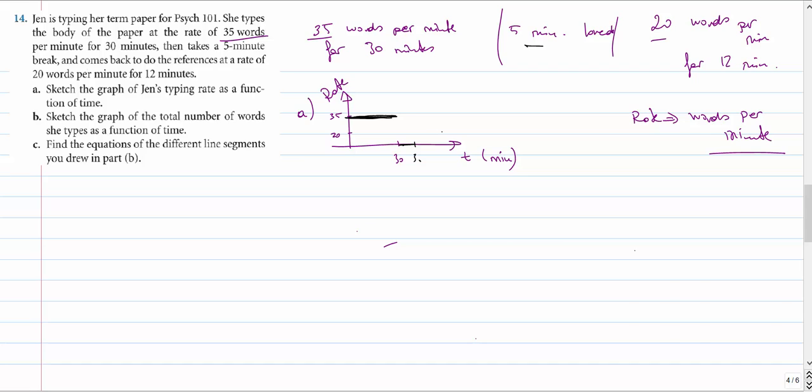And then for 12 minutes, I typed 20 words per minute. So if this is 35, 12 more minutes will give you 47. So this is the graph: 35 words per minute for 30 minutes, a break with rate 0, and then 12 minutes at 20 words per minute.